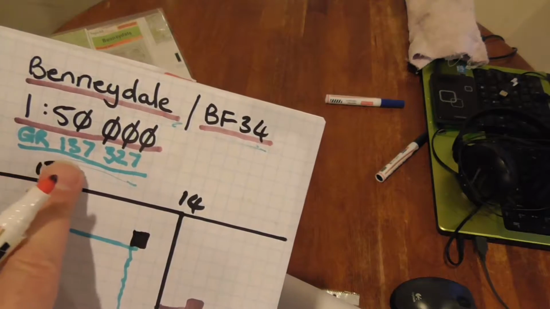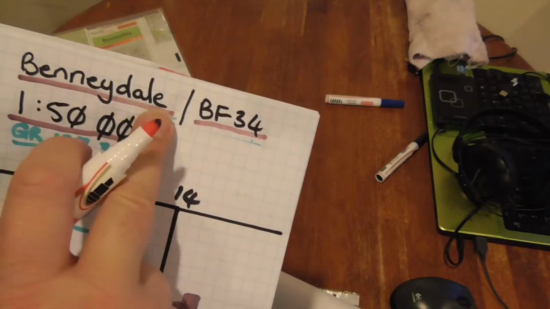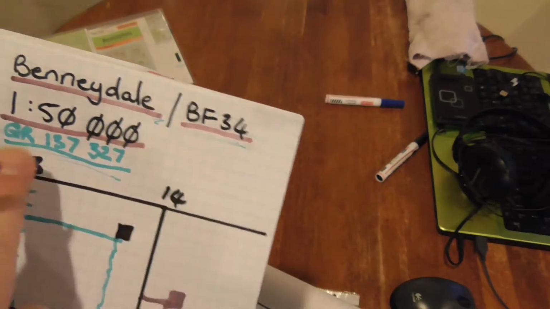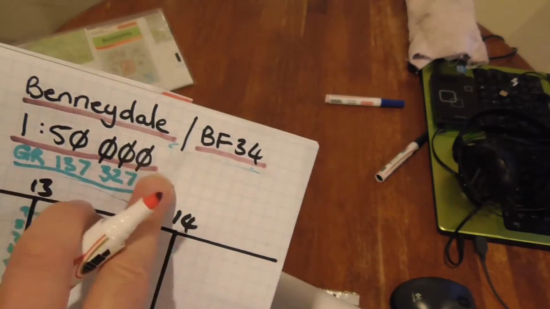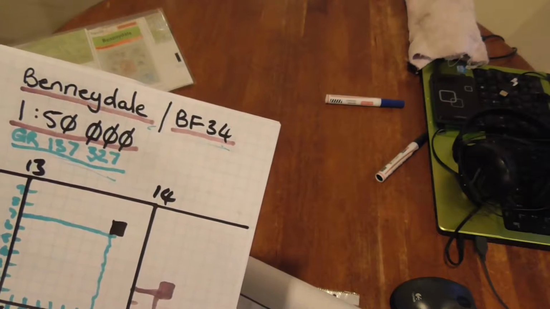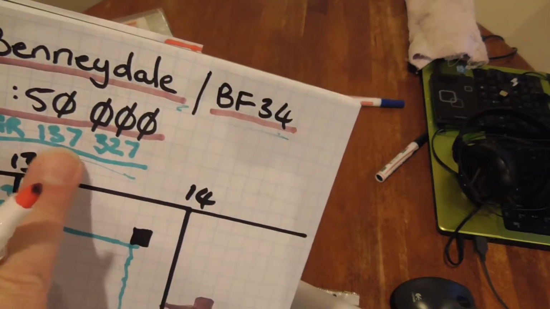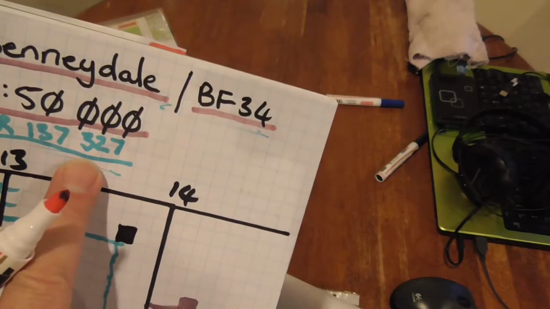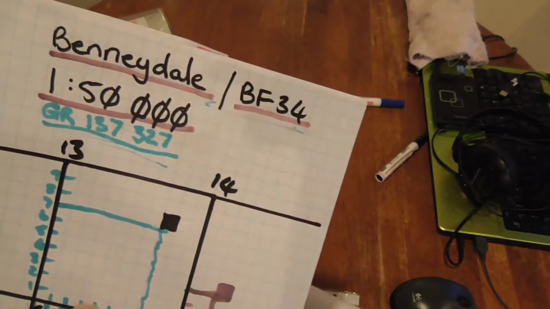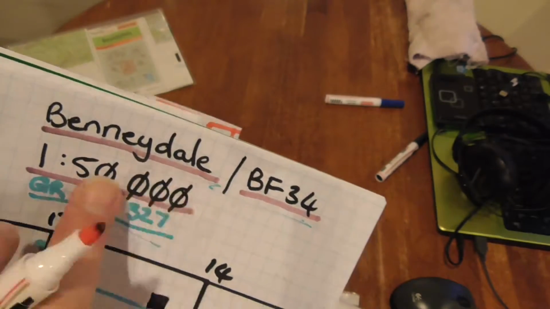All we have to do is give them the grid reference. We don't have to worry about giving them the map title, the map number, or the ratio of the map, the 1 in 50,000. All we have to do is give the grid reference 137327 or whatever.